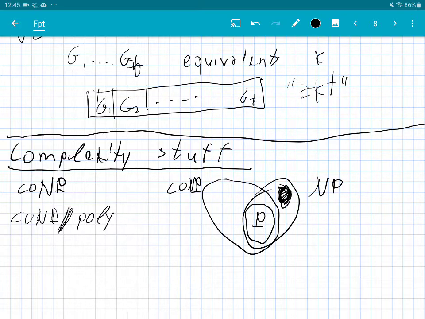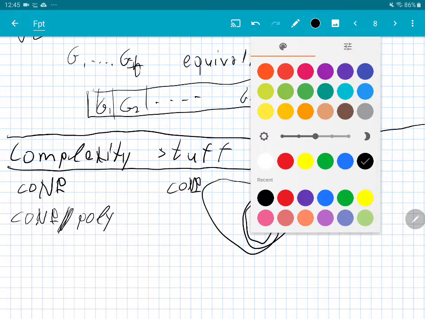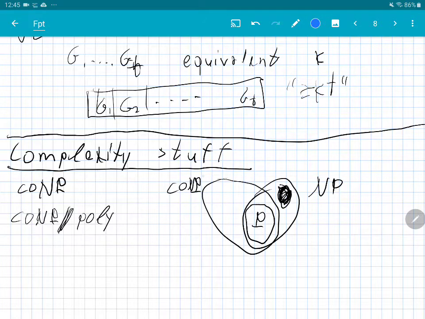So CoNP over poly is a slightly bigger class than CoNP, but still, we believe that they are not equal.